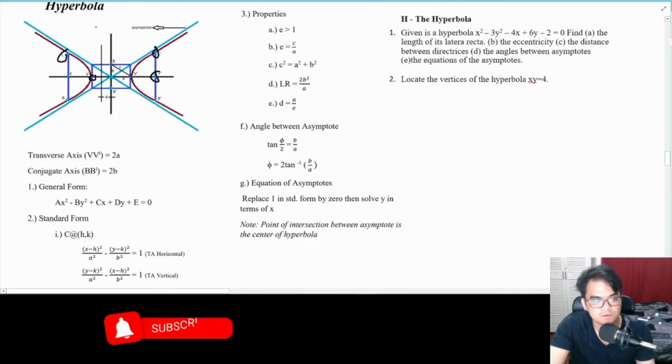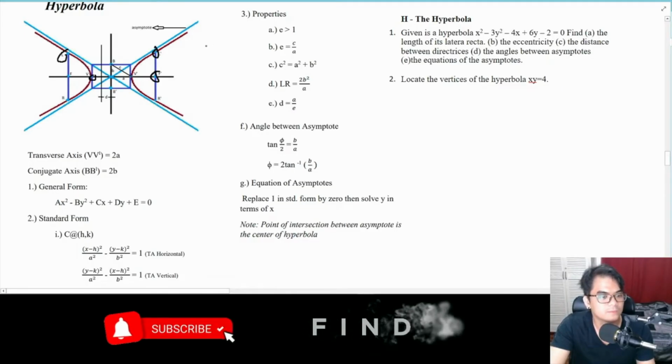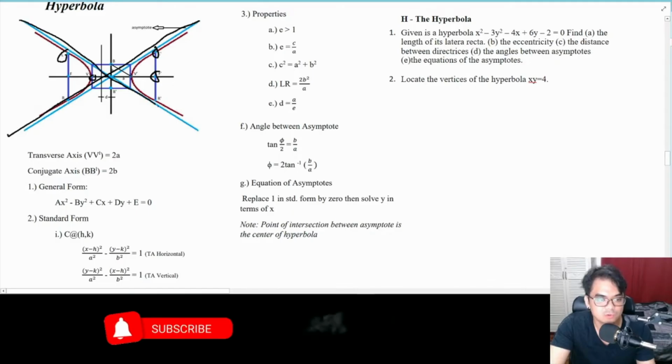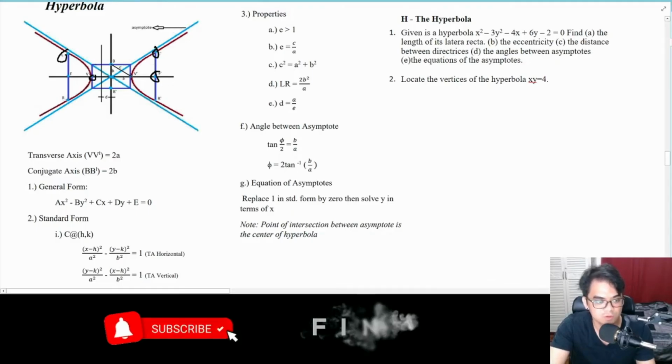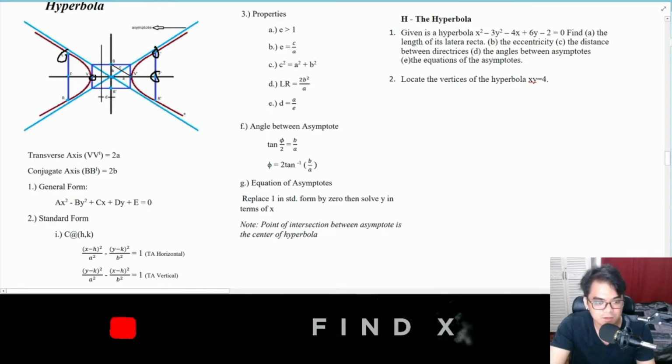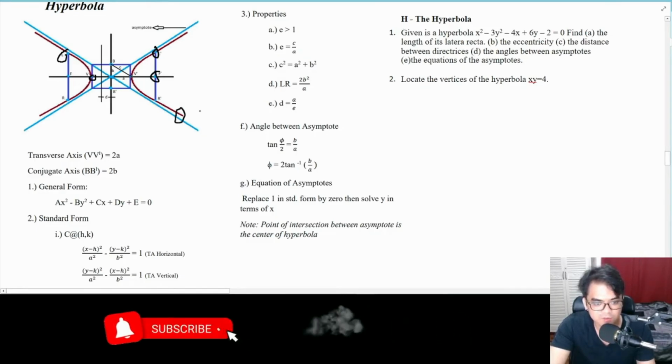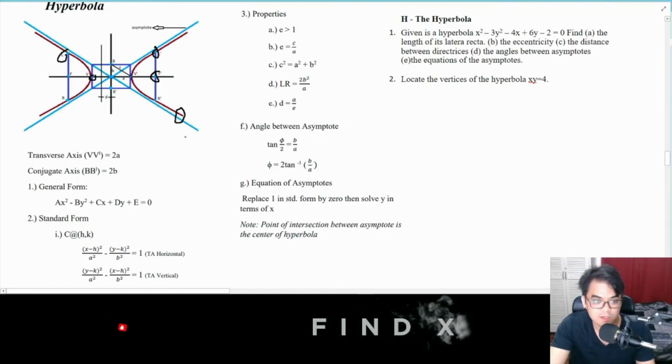We also have here the asymptote. The asymptote is the line that guides the hyperbola, but as you can see, the hyperbola and the asymptote will go longer and longer, but they will never meet.